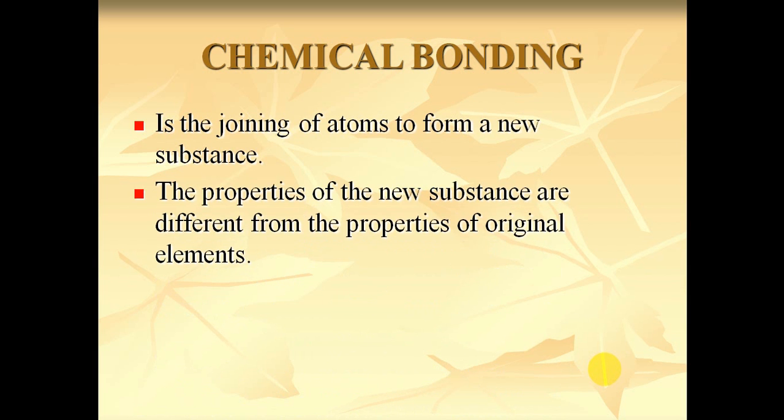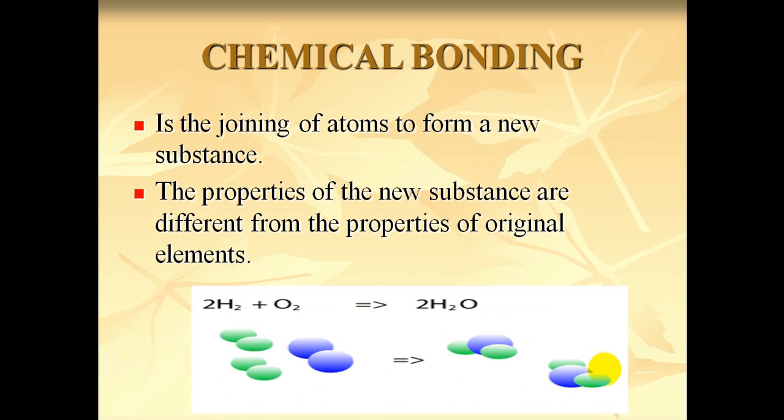The properties of the new substance are different from the properties of the elements. Like when we have two hydrogen atoms and one oxygen atom, they join together to make water. In this case, they make a new substance which is totally different from hydrogen alone and oxygen alone.